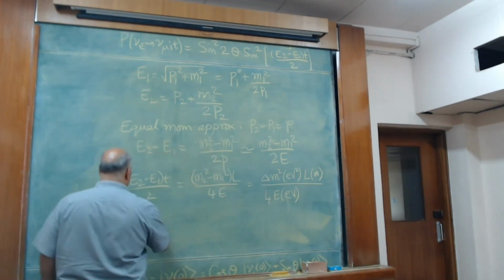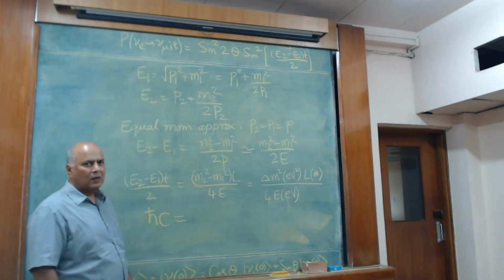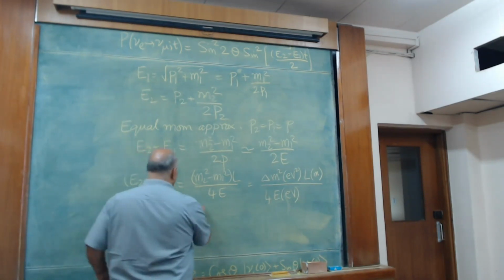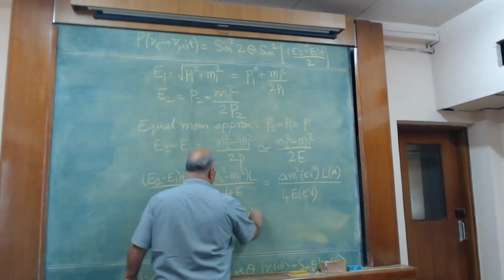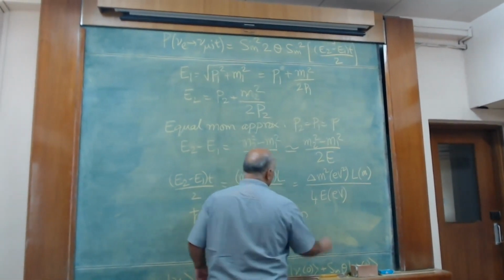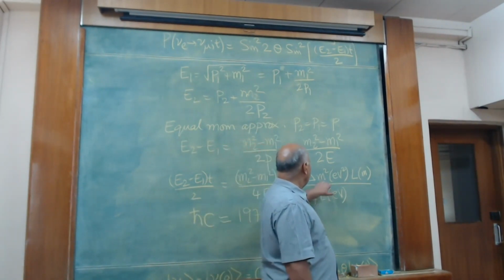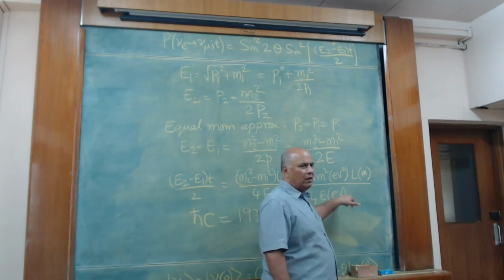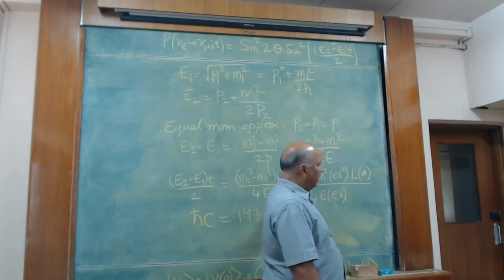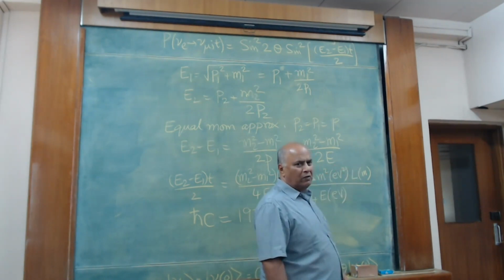As they say, if somebody wakes you up in the middle of the night, you should give this answer. h cross c is 197 MeV Fermi. So if I express delta m square in eV square, L in meters and E in eV, the net dimension is eV meters.